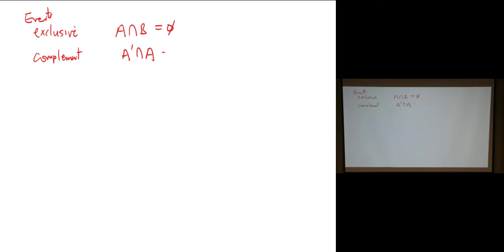We talked about mutually exclusive events, which means that the intersection is equal to the empty set. And we also talked about complement events. The event and its complement should have a union equal to the sample space. All right?